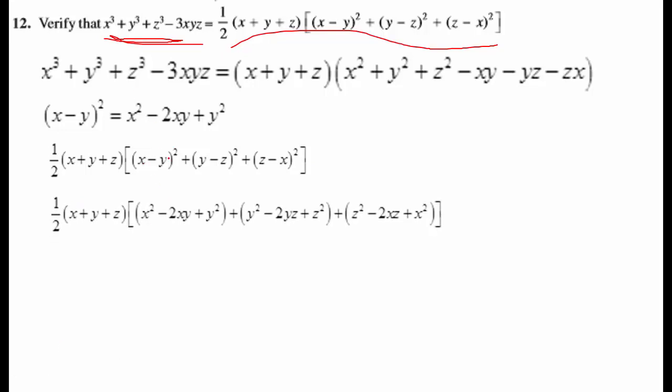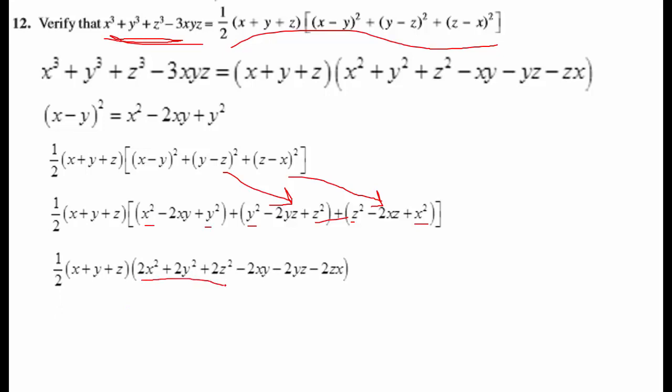This will become x square plus y square minus 2xy, and this will become y square plus z square minus 2yz, and this is z square plus x square minus 2zx. Now if we add, this will become x square plus x square, 2x square, similarly y square plus y square, 2y square, and z square plus z square, 2z square, and this is minus 2xy minus 2yz minus 2xz.